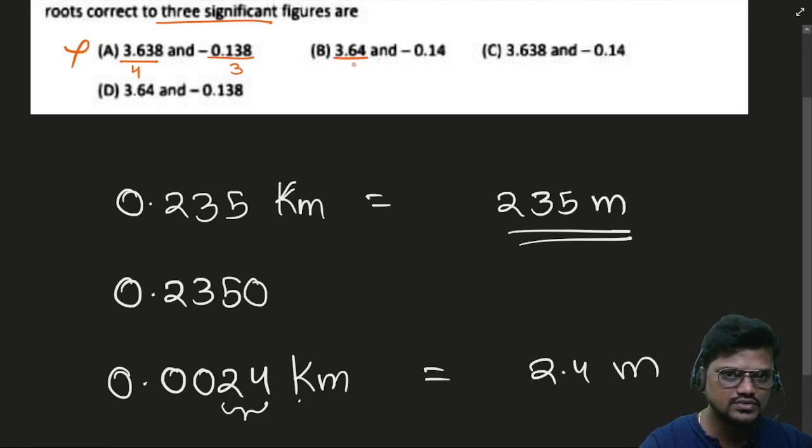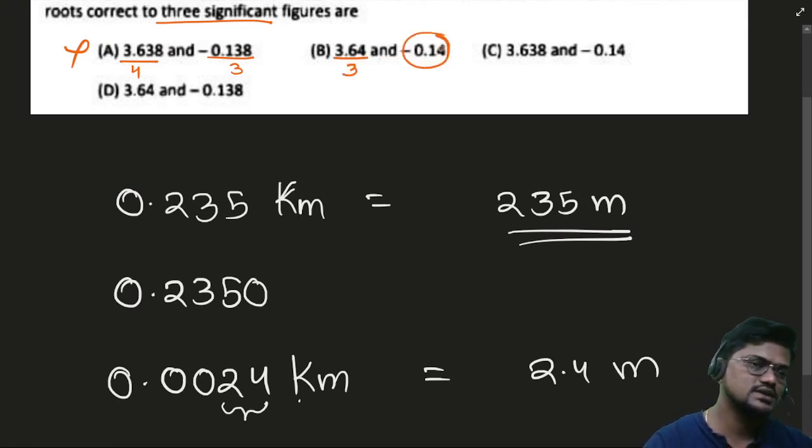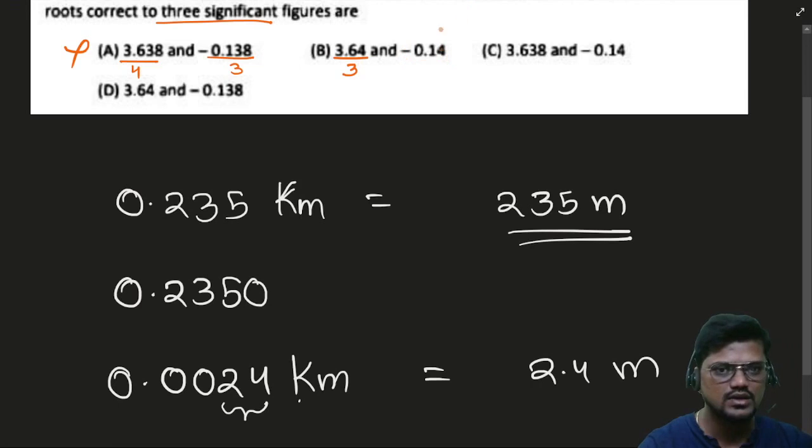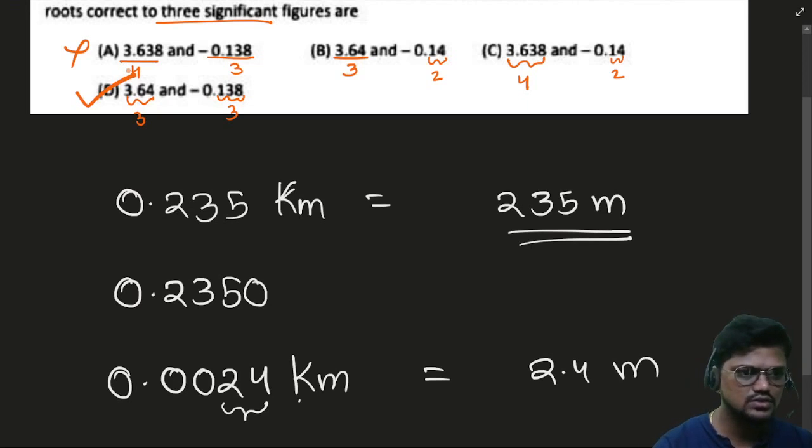Over here you have 3 significant figures. This is 2 significant figures. That's why over here you have 2 significant figures. Over here you have 4 significant. Over here, this is again 2 significant. This is 3 significant. This is also 3 significant. That's why this has to be the answer. Understood?